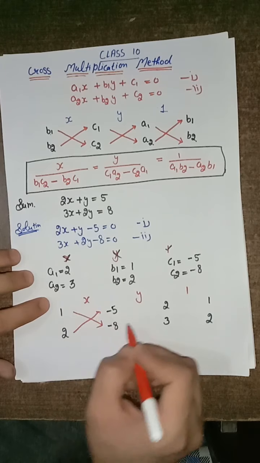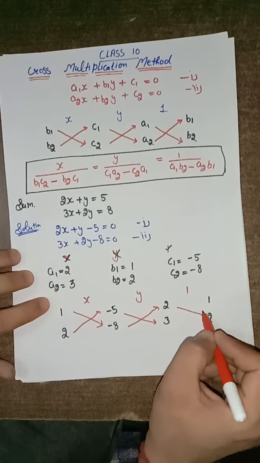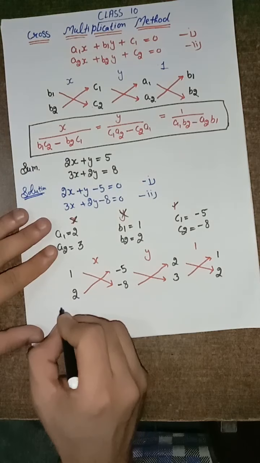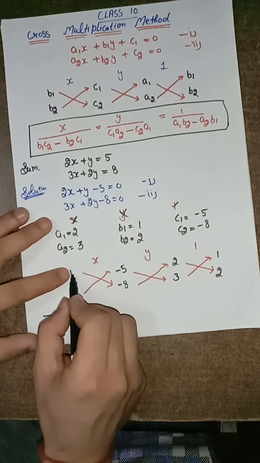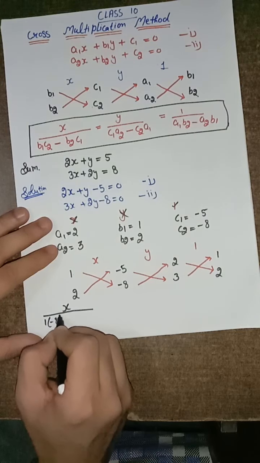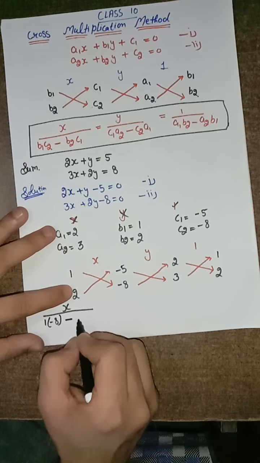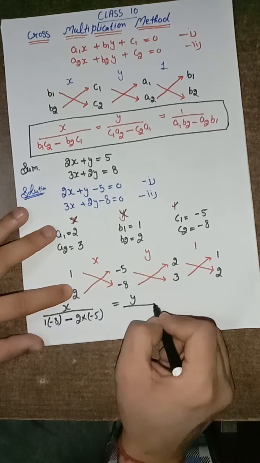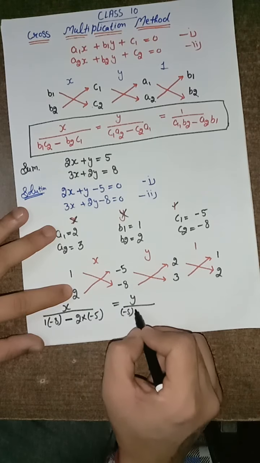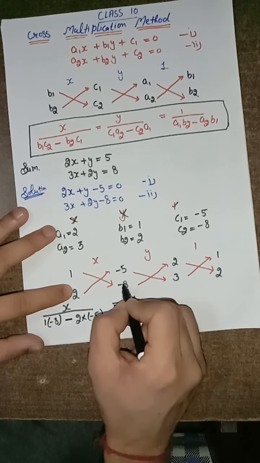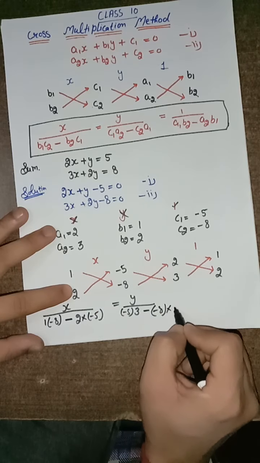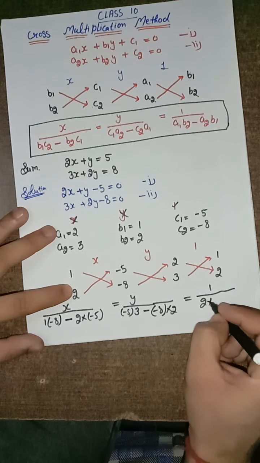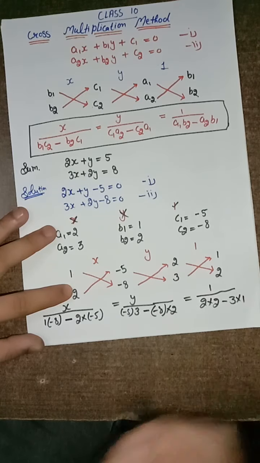Now arrows like this, and write x divided by 1 into minus 8 minus 2 into minus 5, equals y divided by minus 5 into 3 minus minus 8 into 2, equals 1 divided by 2 into 2 minus 3 into 1.